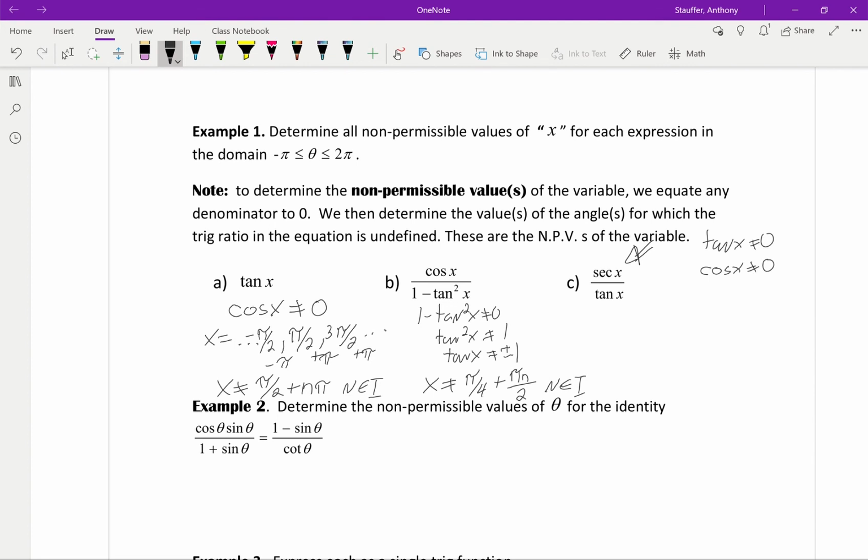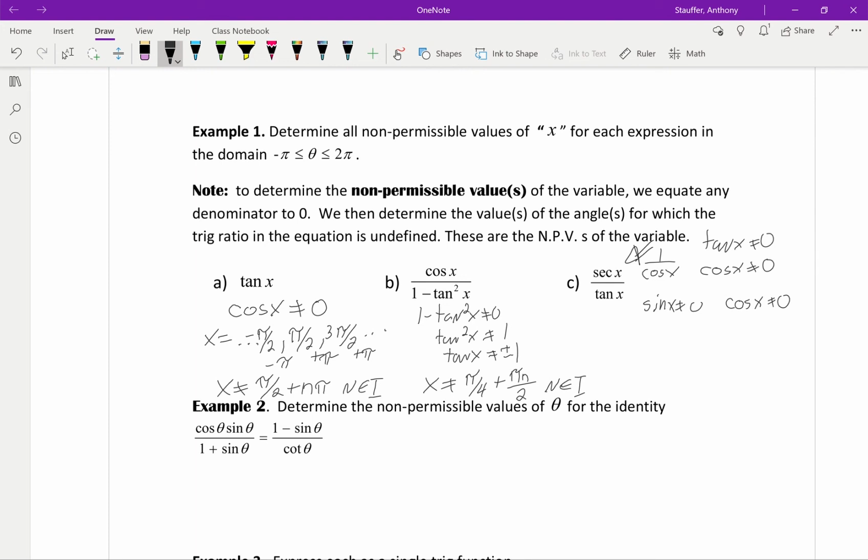Because again, remember that my sec is preloaded as 1 over cos, so that would tell me that my cos x cannot equal 0. So now what this tells me is that both sin x cannot equal 0, nor can cos x equal 0.